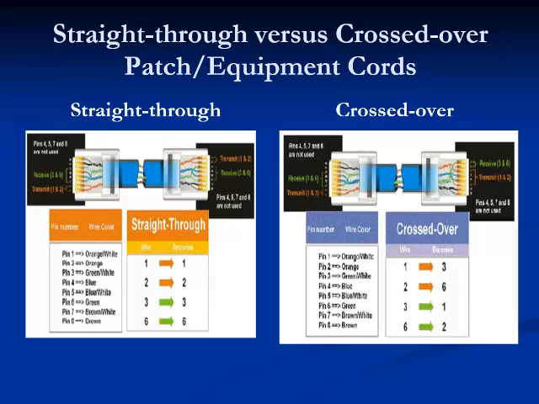Note that with a crossover cable, rather than a straight-through cable with the wires going from pin 1 to pin 1, pin 2 to pin 2, and so on, the wires go from pin 1 to pin 3, pin 2 to pin 6, pin 3 to pin 1, and pin 6 to pin 2.